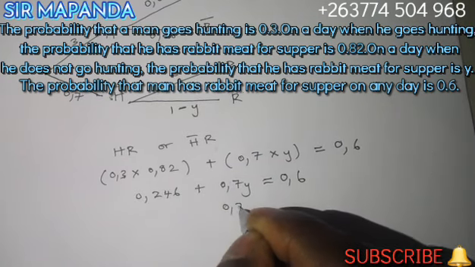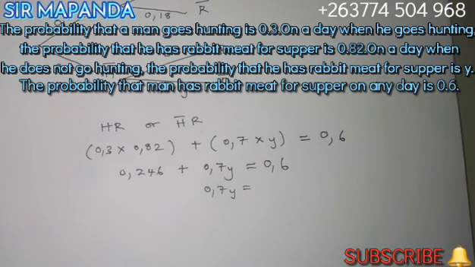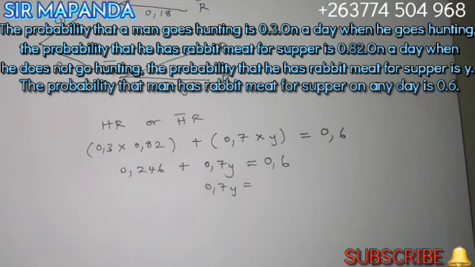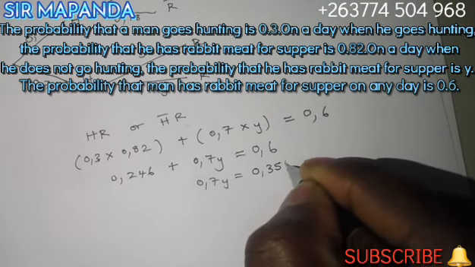So 0.7Y is equals to 0.6 minus 0.246, you get 0.354.